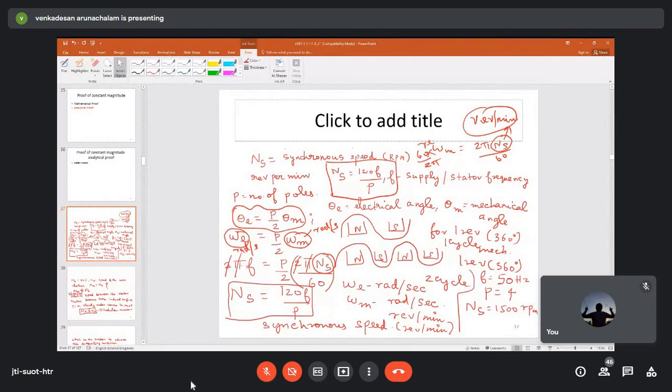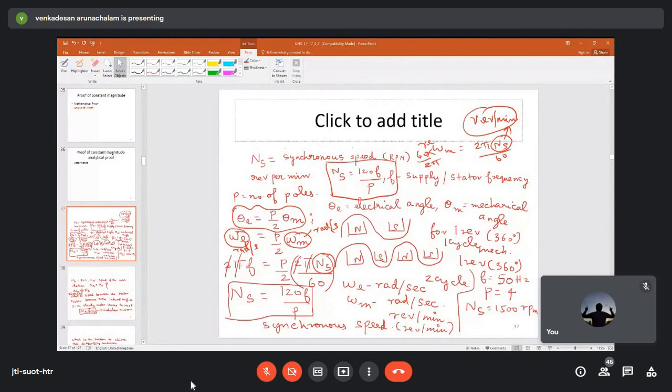Am I right? The rate of change only is inducing the EMF. If the rotor is rotating at the synchronous speed, you won't get any relative motion between the stator and rotor. There won't be any rate of change of flux. So no EMF you will get, no current you will get. The rotor will stop rotating. So synchronous speed cannot be equal to the rotor speed, right?